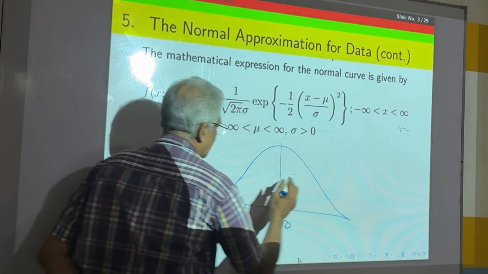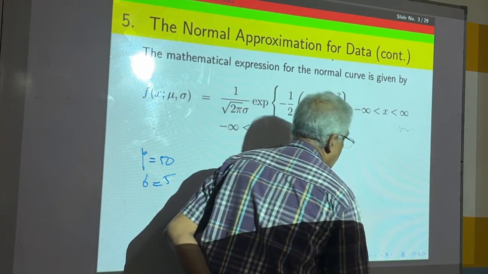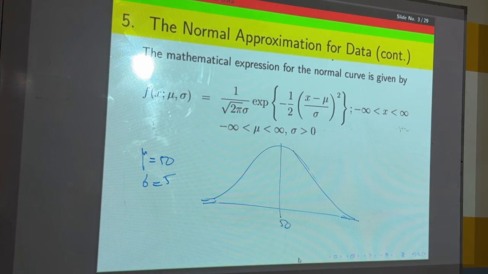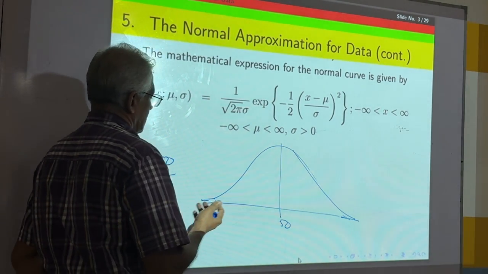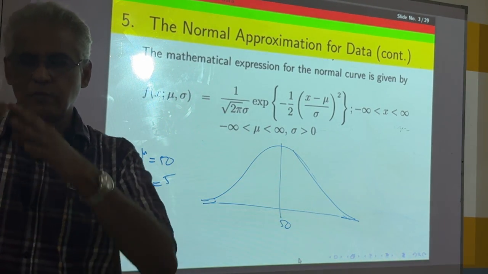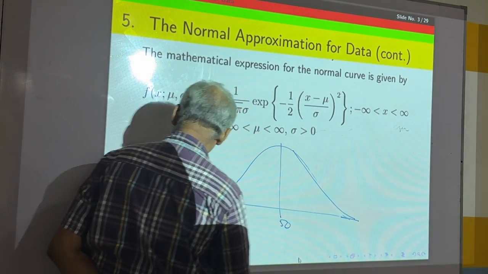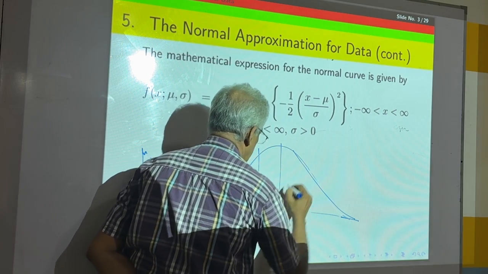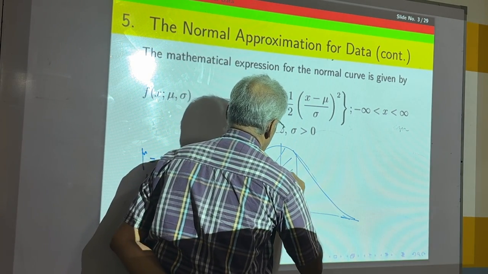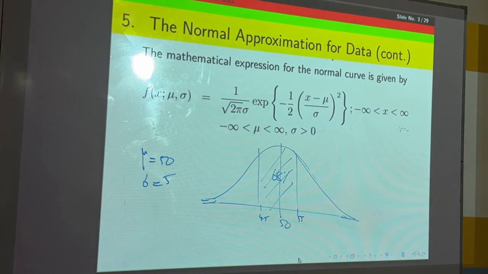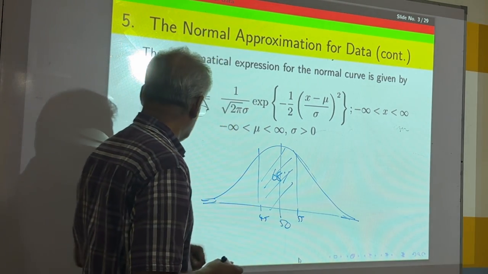And roughly for this distribution, the 1 sigma, 2 sigma, 3 sigma rule applies. Between mu minus sigma and mu plus sigma, for example 45 and 55, there will be 68% of the whole area. The whole area is 1, that is 100%, so 68% is between 45 and 55.